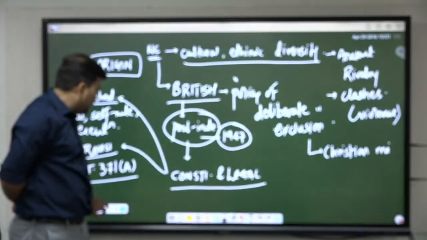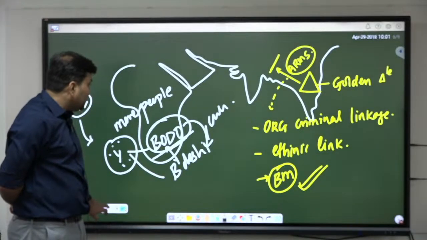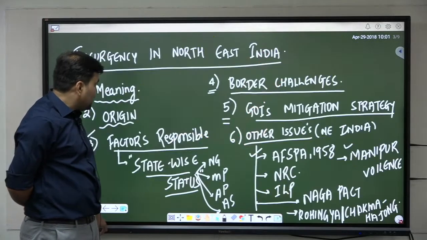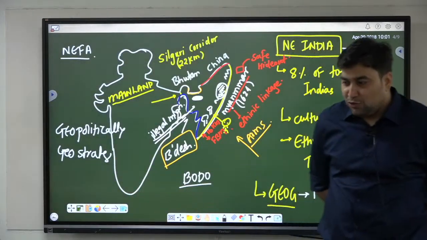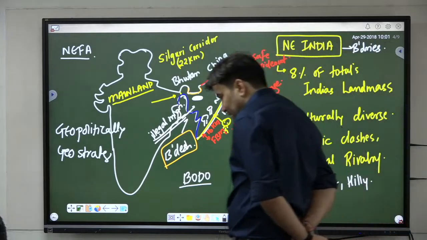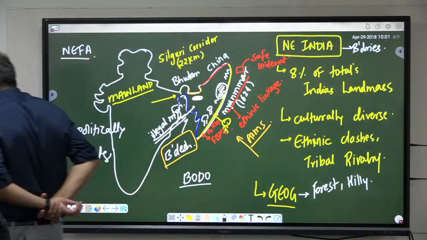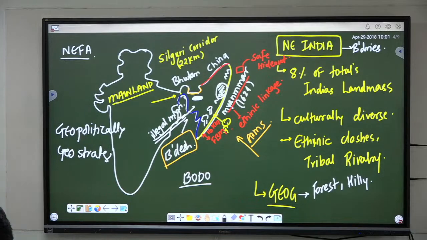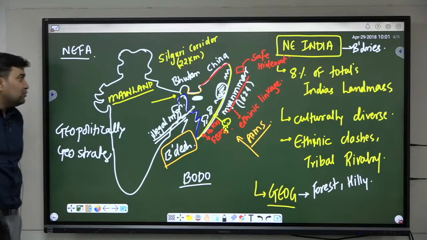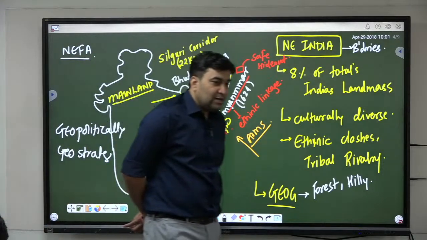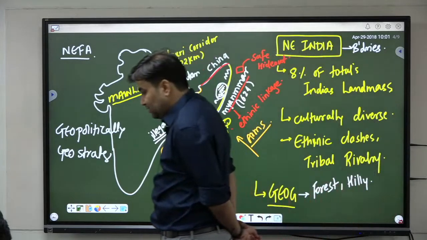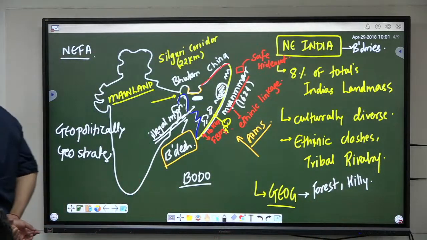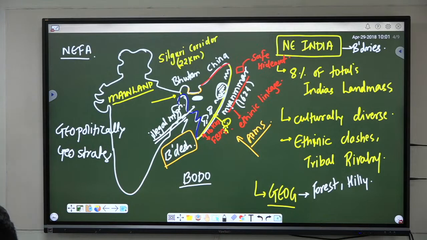In front of it, you can write Northeast India is connected to mainland through a chicken neck, in bracket write about 22 kilometer, along Siliguri corridor.